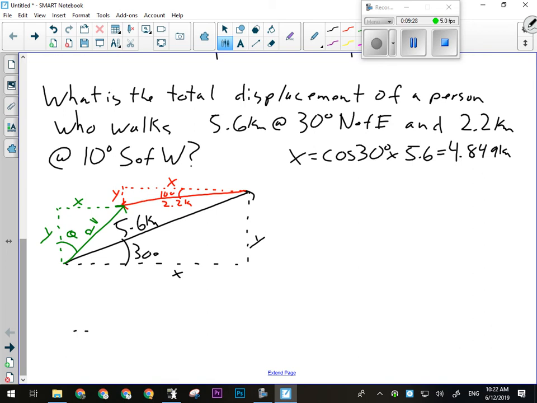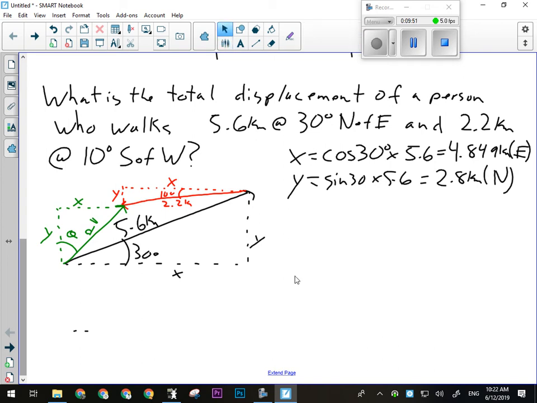Kilometers, and that's east. The y component is the opposite side, so that'll be sine of 30 times 5.6, which should be 2.8 kilometers north.